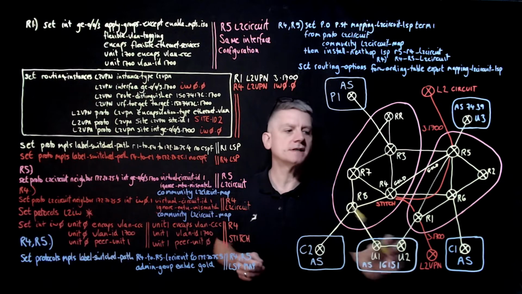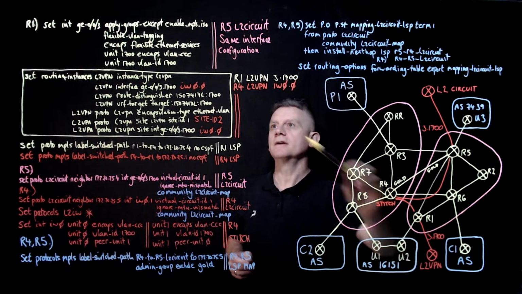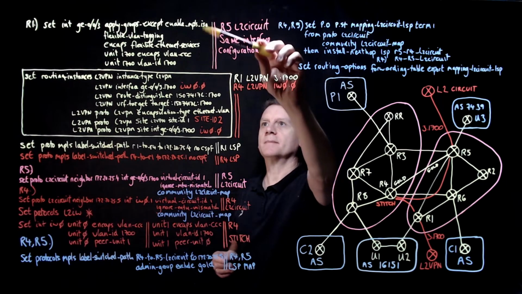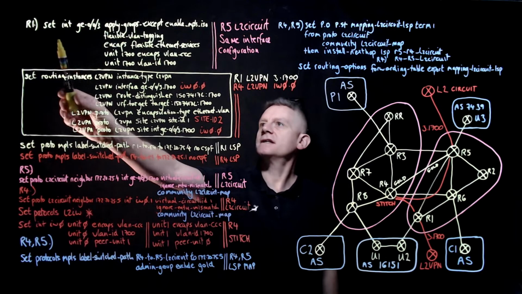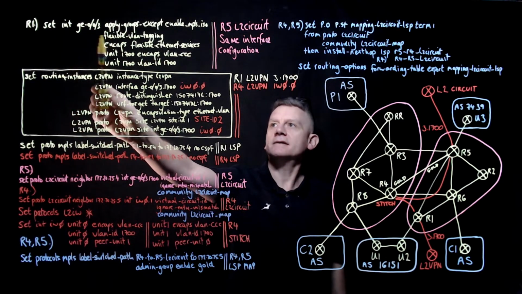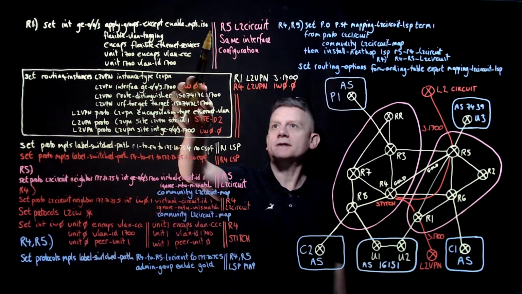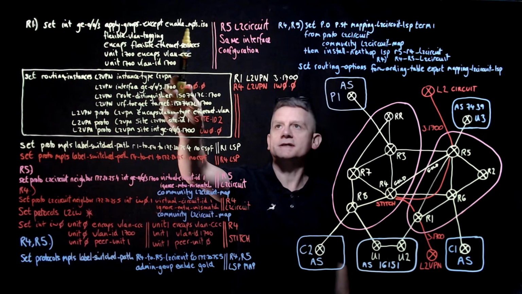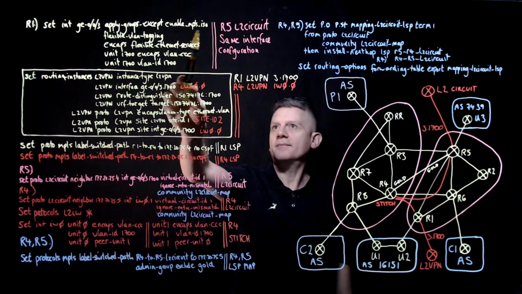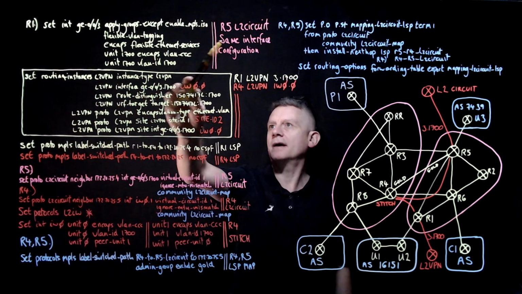Okay, well firstly on router 1 we need to set up the interface. So we've got set interface, gigabit Ethernet 0/0/3. We've got apply groups accept, because we don't want all of the apply group to apply there.